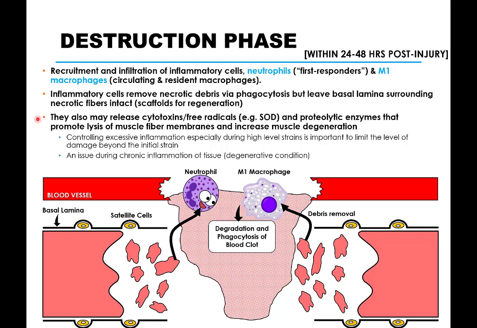So all in all, when there is excessive inflammation, there is a greater level of degradation, and sometimes this degradation can exceed the regeneration zone, meaning degradation can occur within the surviving zone, which is intended to be protected. This is because these free radicals and proteolytic enzymes in very high amounts can degrade that plasma lemma membrane, aka contraction bands.